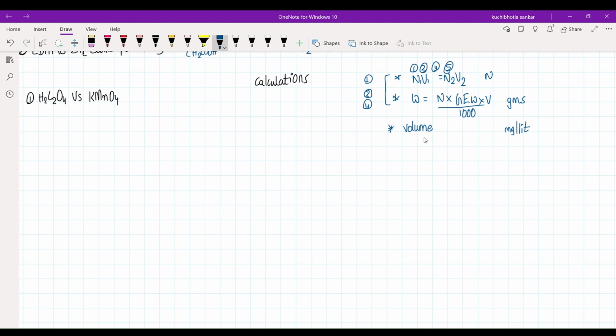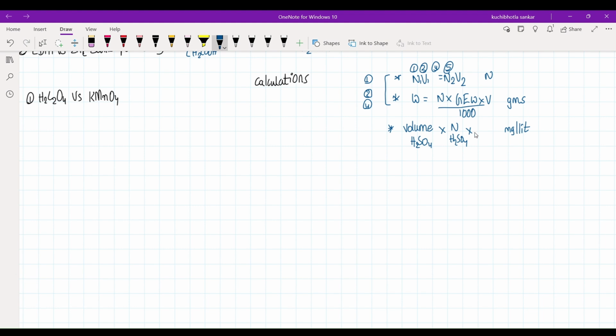The volume of H2SO4 is all dependent on the H2SO4 titration, by the way. And the normality of H2SO4, you don't need to calculate from this formula. It was already known before.